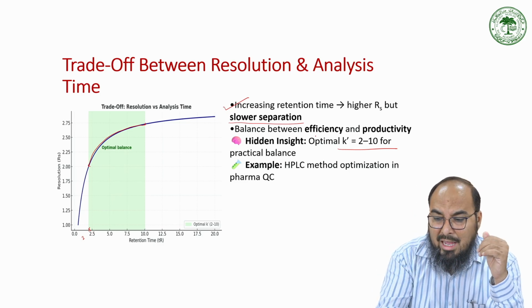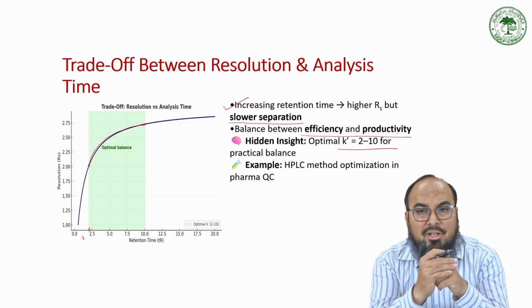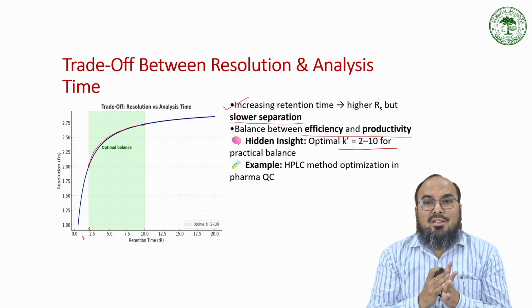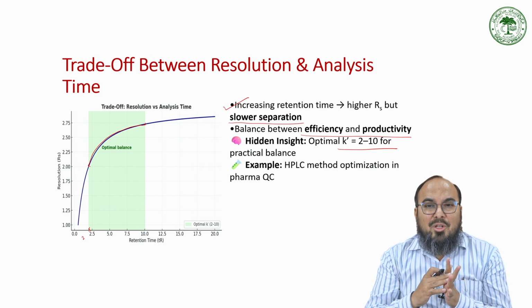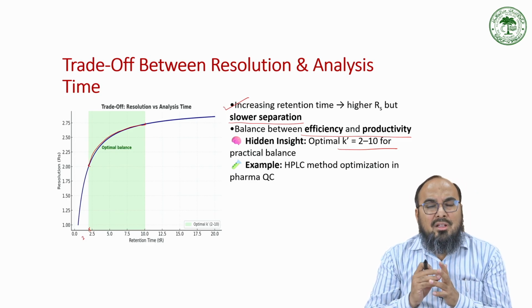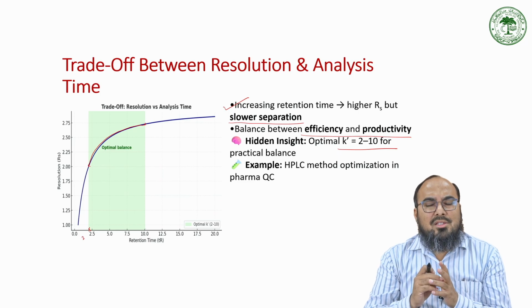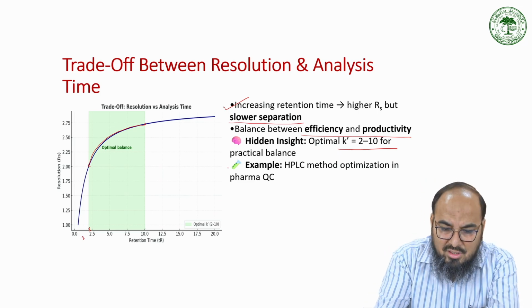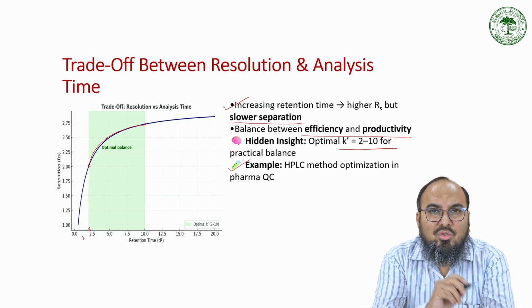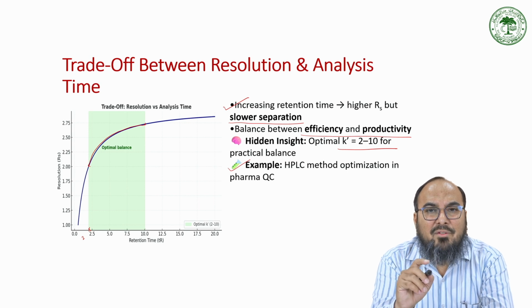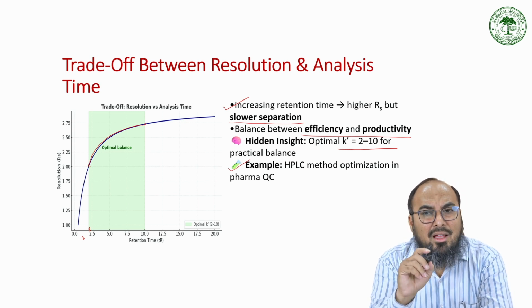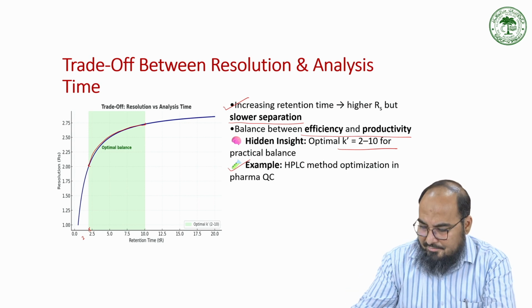So you have to have a balance between efficiency and productivity. And in HPLC, you have to optimize this condition when you do certain quality checks of pharmaceuticals or pharma drugs. Here you can use this trick of trade-off between the resolution and the run time.